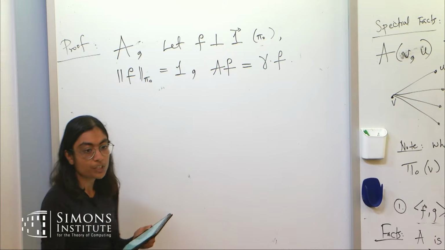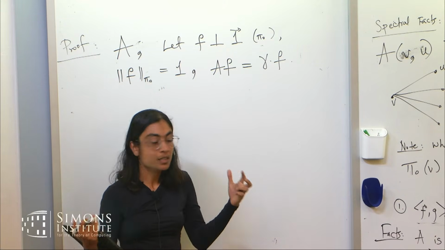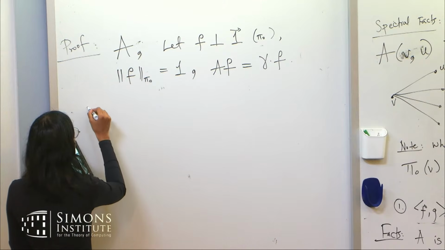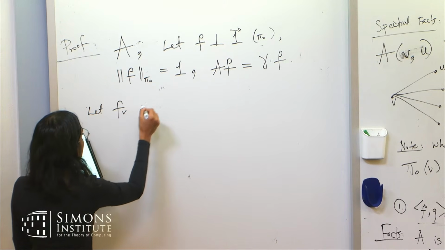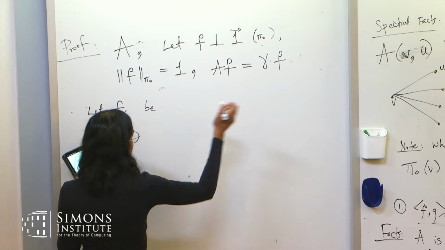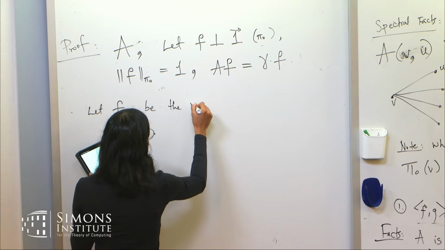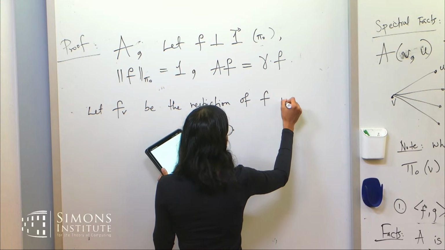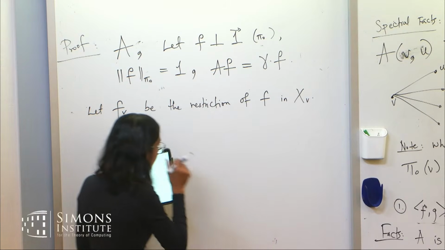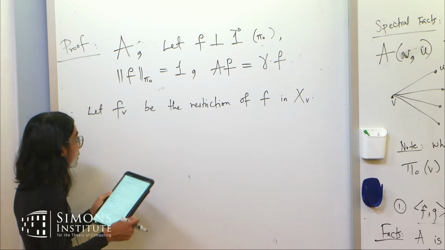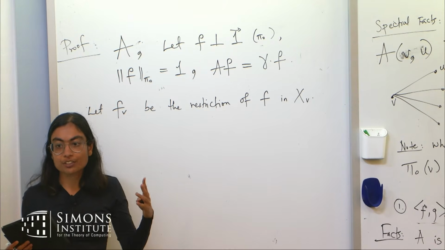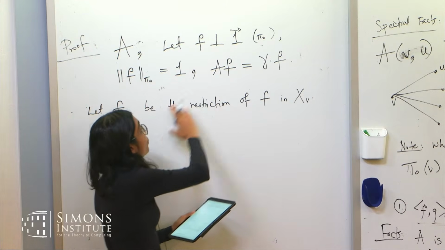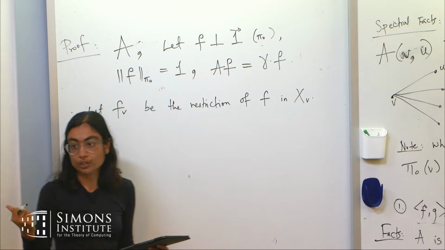Okay, so the first thing we do is to look at the restriction of F in every link. So let FV be the restriction, similar to what we did there. And similar to many spectral graph theory proofs, we will break FV into its component parallel to 1 and perpendicular to 1.